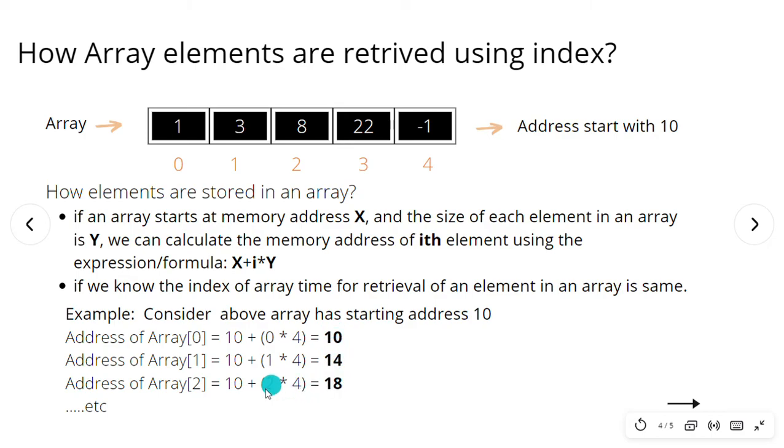We can retrieve an element from an array at any index by calculating this memory address. It is calculated internally; we just pass the index, and it calculates the address and gets the value. This is how an array element is retrieved using an index.